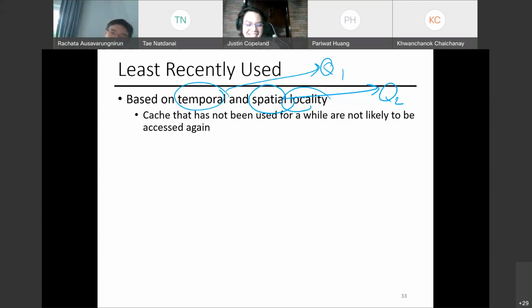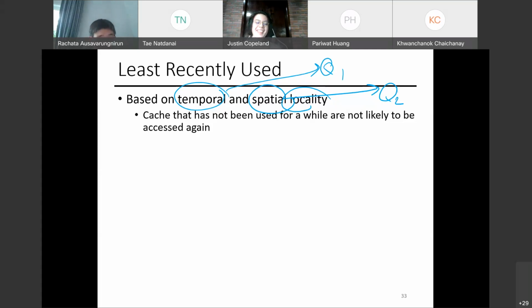So when you write a program, is it more likely that if you access variable, say i, you're gonna have to access it again? Yes, thank you, Thomas. If you access it once, it's likely that you're gonna have to access it again. So that's temporal locality. So what's spatial locality? What does space have to do with this? Exactly.